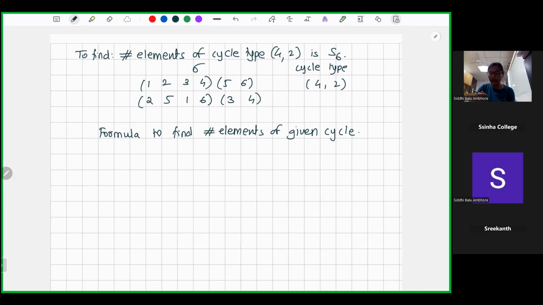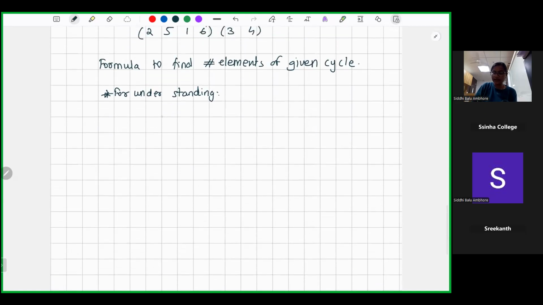So what exactly we do is, for example, just an example, for understanding: if I take S8 and consider elements of cycle type 5, 3, then whenever I take a cycle, that cycle contributes only once.